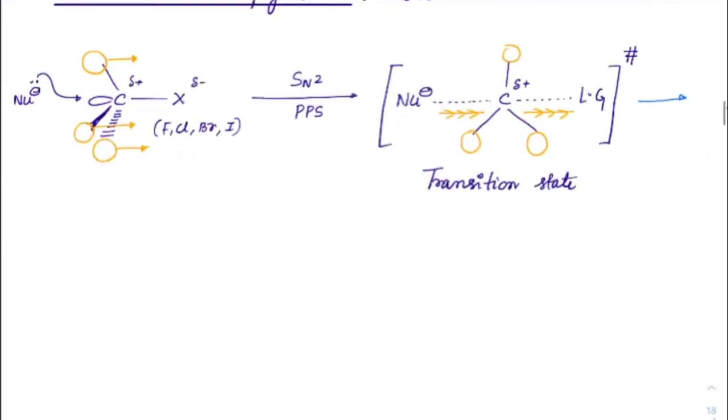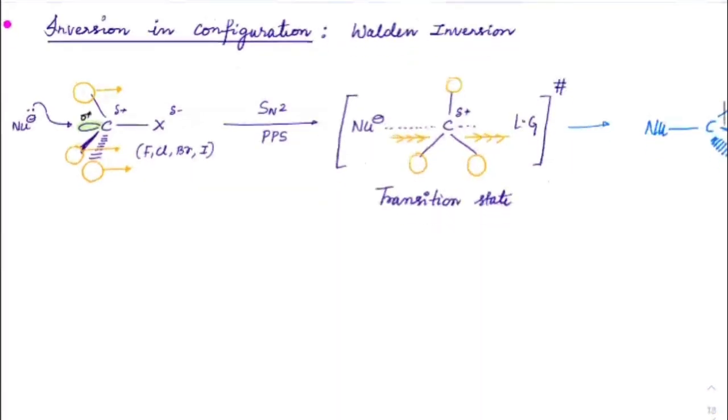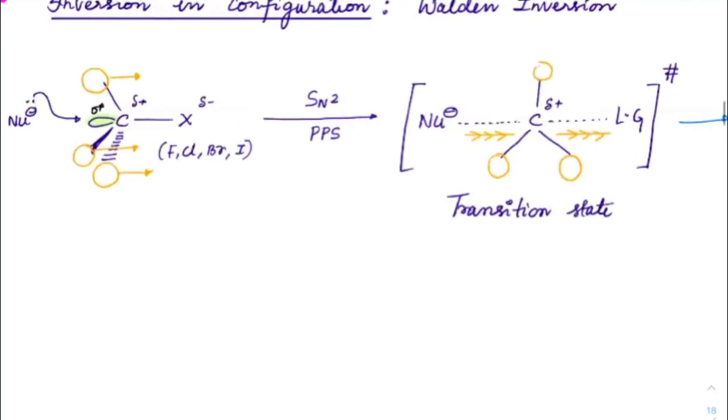Suppose a nucleophile is approaching this sigma star, this is the sigma star orbital, right? Now as the nucleophile approaches, it is coming with an electron cloud. Because of that cloud, slowly these groups will start repelling, and they'll start moving in this direction because it has to go through this transition state, getting a planar molecule. As they come to the planar molecule, the electrons between carbon and halide will also start moving rapidly.